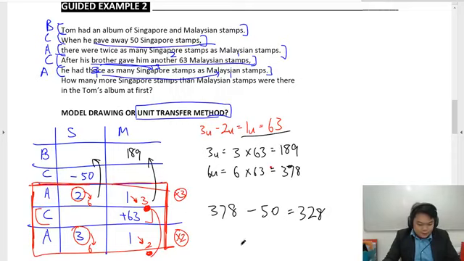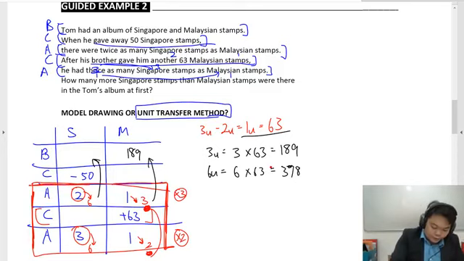Okay, Belinda and Barry, very good. Remember, here you are working backwards to trace back to the original value. Something minus away 50 gives you 378.